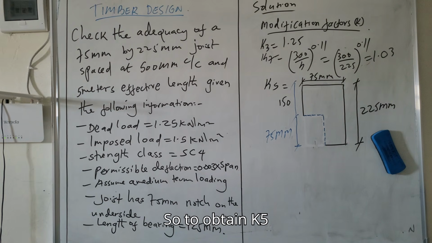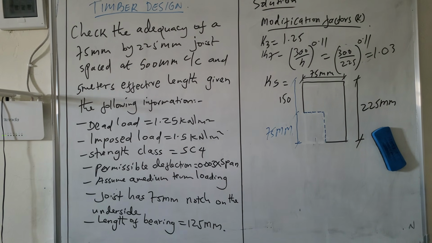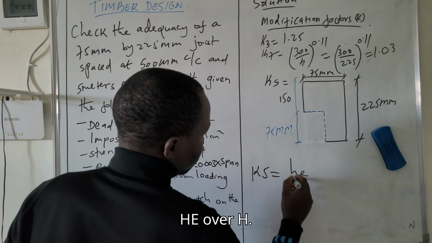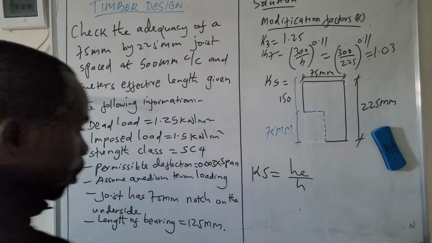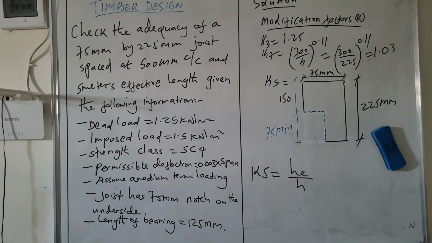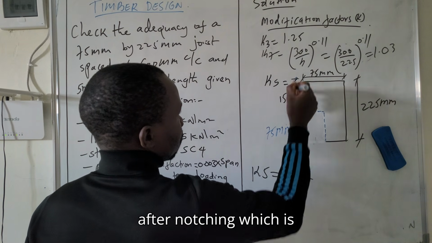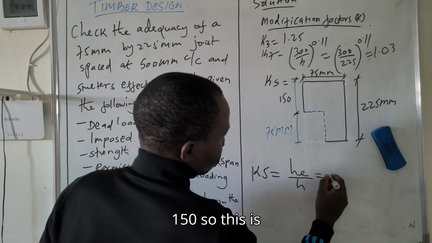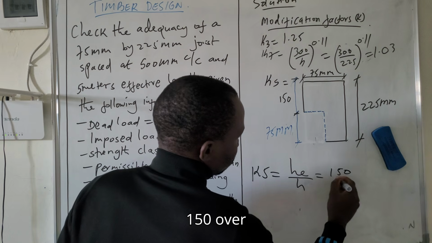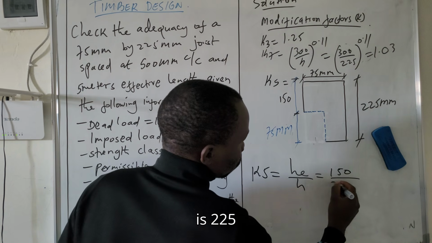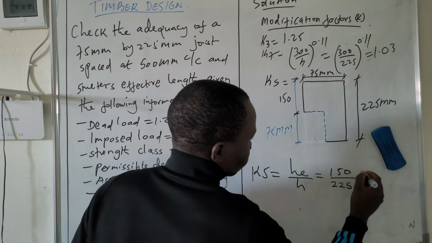So to obtain K5 for such a case, the formula is K5 is equal to HE over H. So our HE is this remaining portion after notching, which is 150. So this is 150 over H. H is this original height, which is 225.